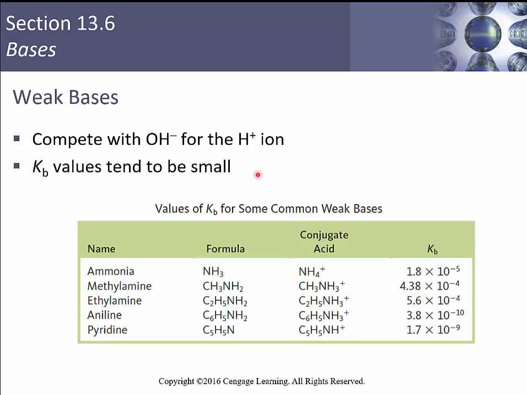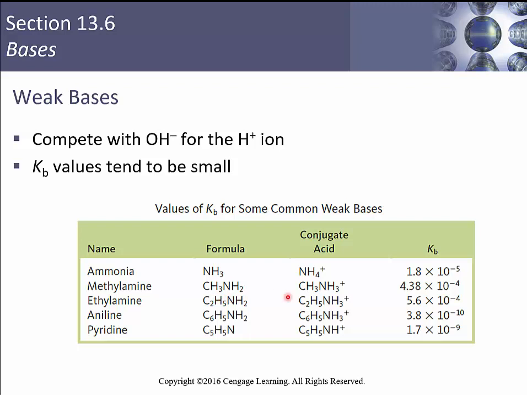They're going to compete with OH minus for the H plus ion, and our Kb values tend to be very small. So our Kb values for some common weak bases: ammonia, which is really common, is going to have a conjugate acid of ammonium, and the Kb is 1 times 10 to the minus 5.